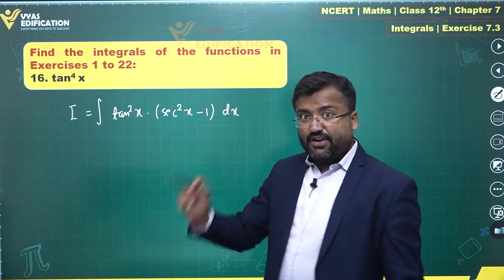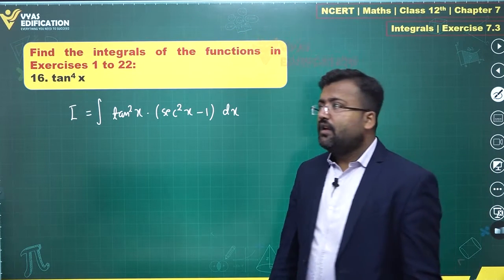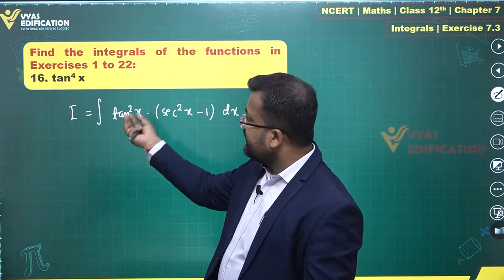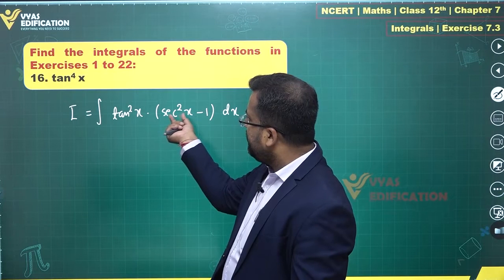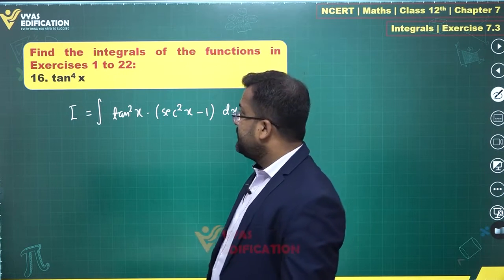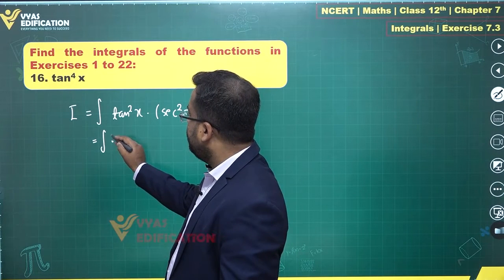Now the benefit of this is, please observe, any higher power of tan x can be solved with the help of sec square x, because the derivative of tan x is sec square x, right? Yes. So I can separate this out into two terms.